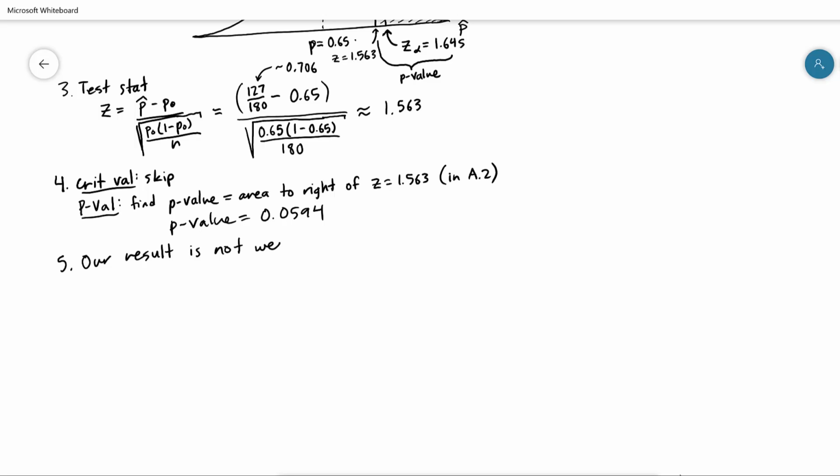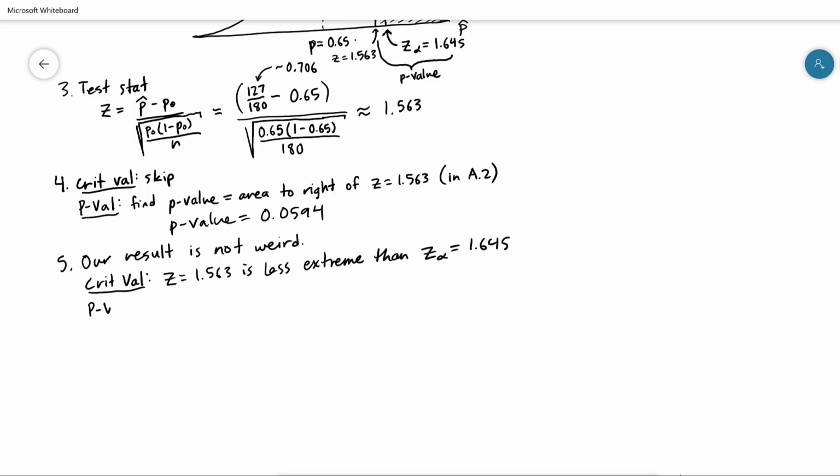It doesn't meet the criteria for being considered weird. And so if we're doing the critical value method, it's because z equals 1.563 isn't more extreme than the critical value. It's less extreme than the z sub alpha value of 1.645 that was our cutoff for weird.